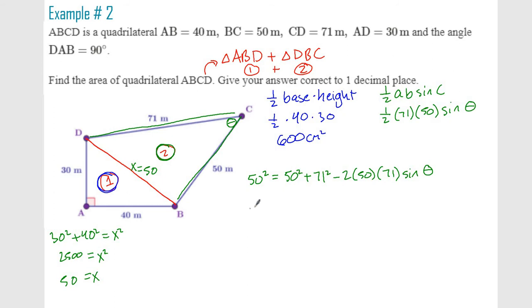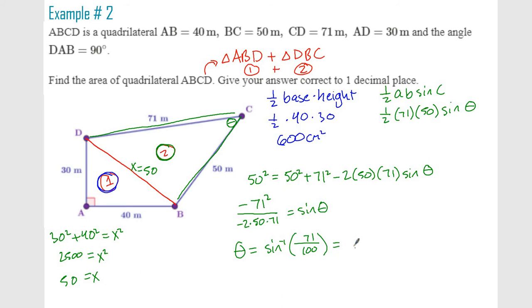So you should end up with negative 71 squared divided by negative 2 times 50 times 71 equals the trig function of theta. To get theta on your calculator, you're going to have to take the inverse of all this stuff, which ends up being 71 over 100.